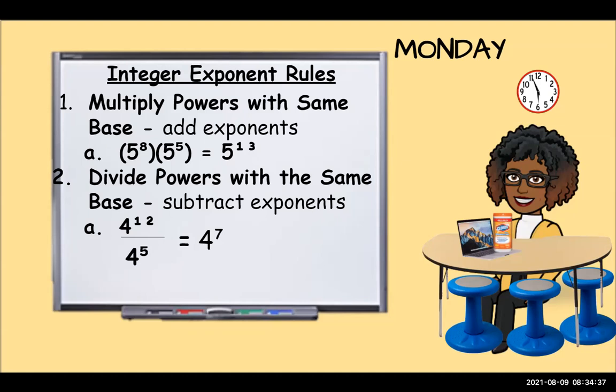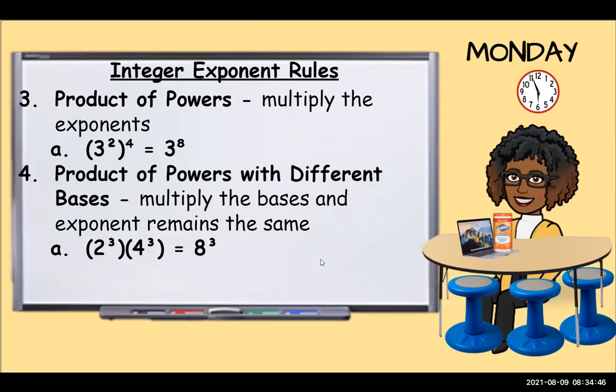Any questions about these two? These are the two of the easiest, I think. Anybody else? All right, 3 and 4. 3 is product of powers and 4 is product of powers with different bases. You got a minute and a half or so.